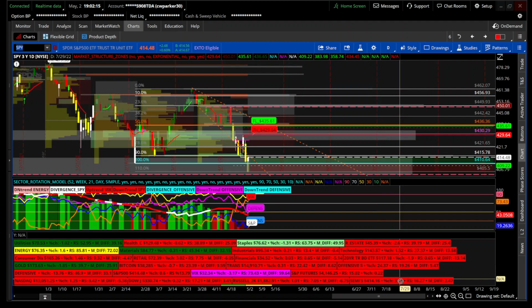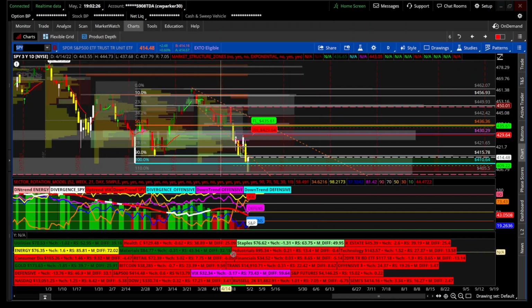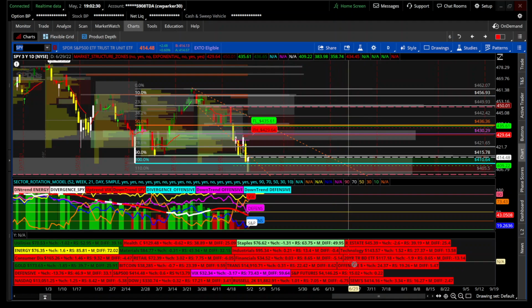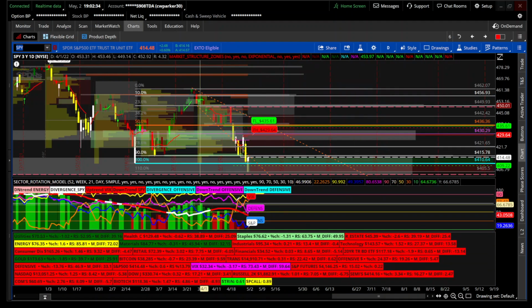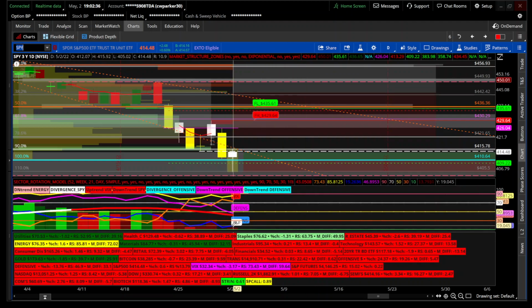I did see semiconductors in the news. So our offensive sector had the greatest percent, and that's overall from materials to industrials to technology to consumer discretionary, retail, financials, and travel. That all makes up the offensive, and it's up 24%, and that's been reflected here as well, right here.